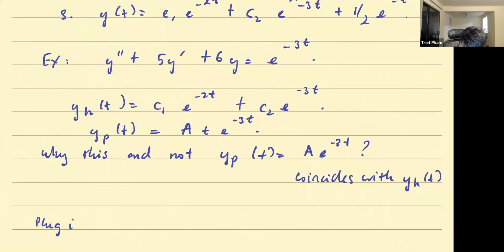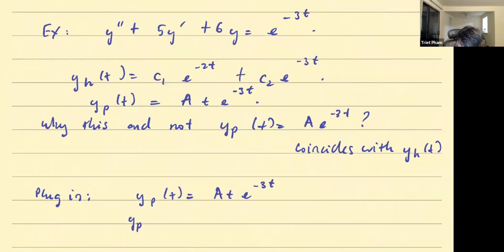Plugging in, we need to keep track of things. So yp is a t e to minus 3t. Yp prime is going to be a e to minus 3t and then minus 3 a t e to minus 3t.